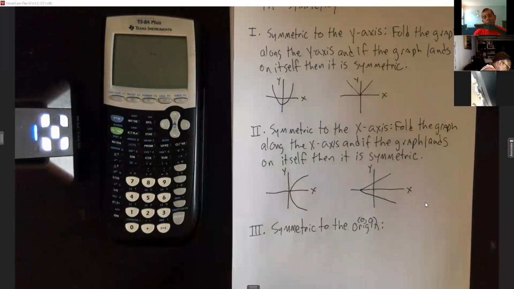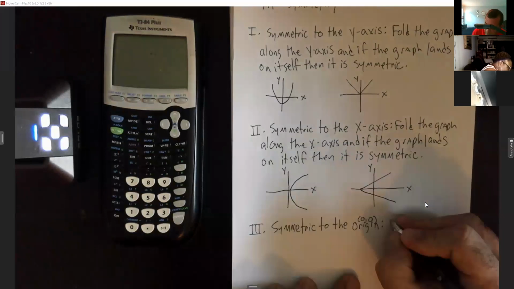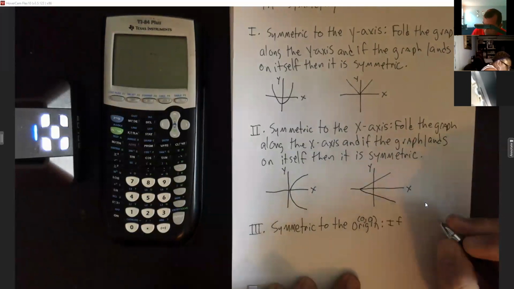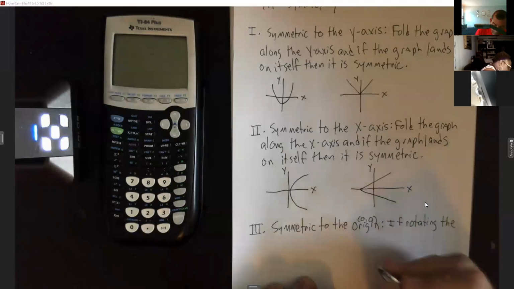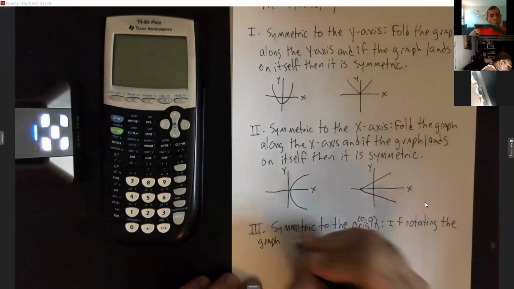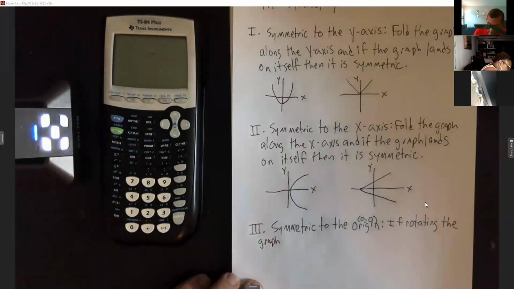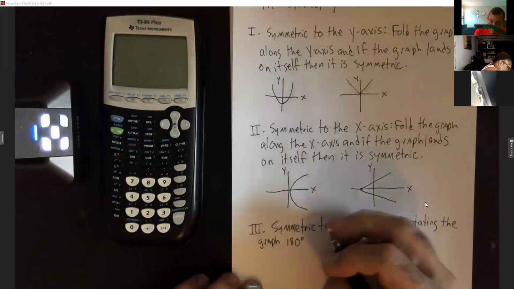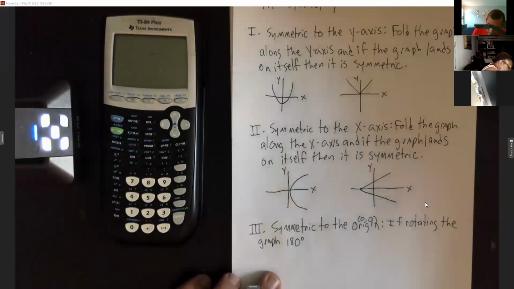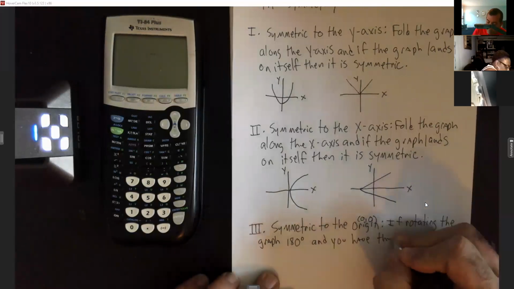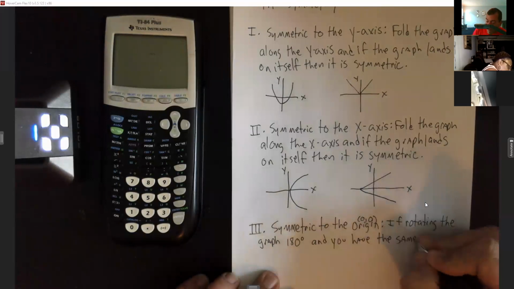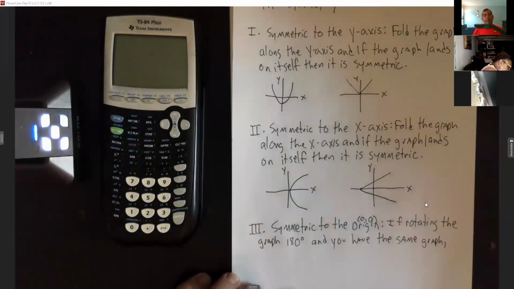So we do a little bit different to check this symmetry. What we do on this one, if rotating the graph 180 degrees, and you have the same graph, then it is symmetric to the origin.